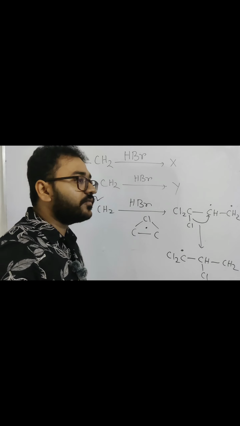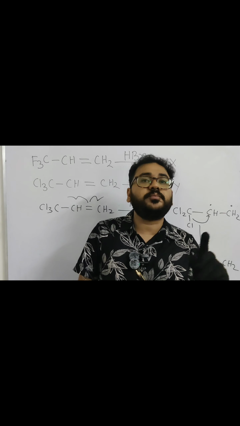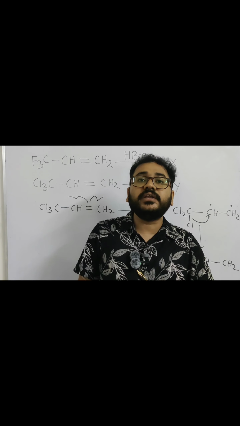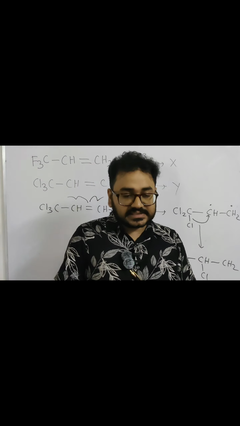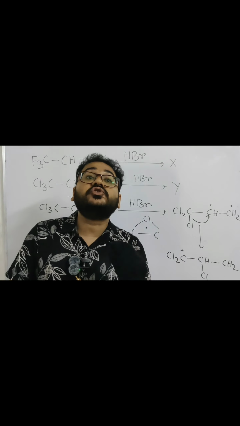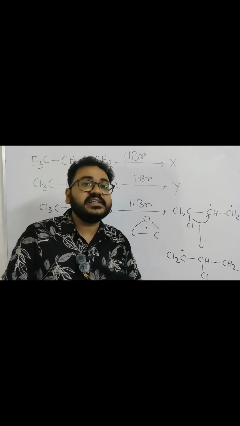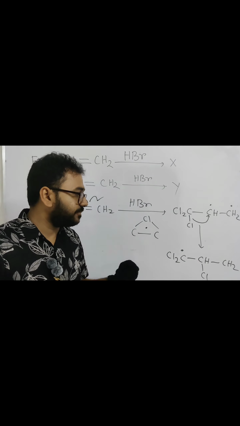But in the case of fluorine, 2d orbitals are inaccessible, not possible. That's why migration of fluorine is not taking place. Another reason is that the C-F bond is much stronger than the C-Cl bond. That's why cleavage is not taking place readily like in the C-Cl case.